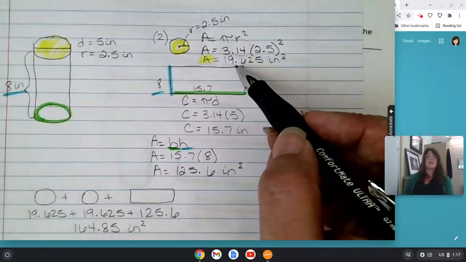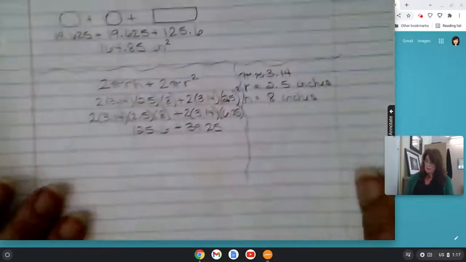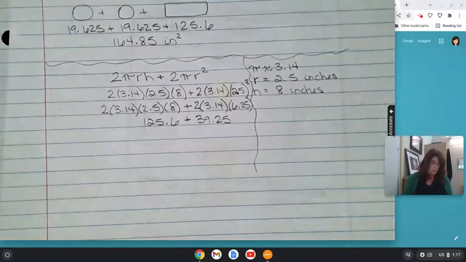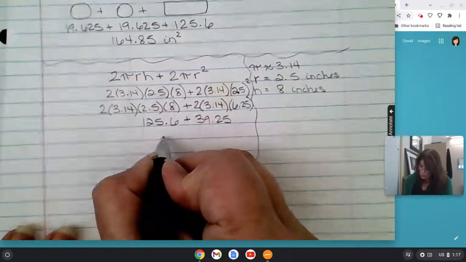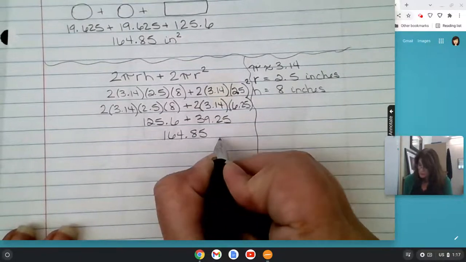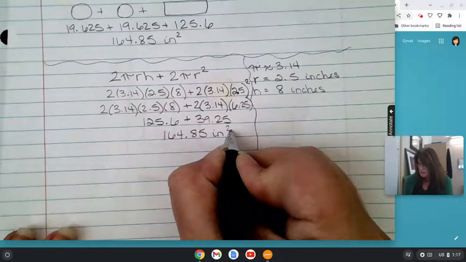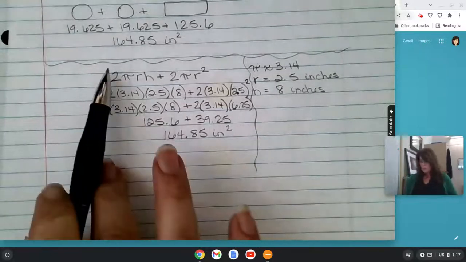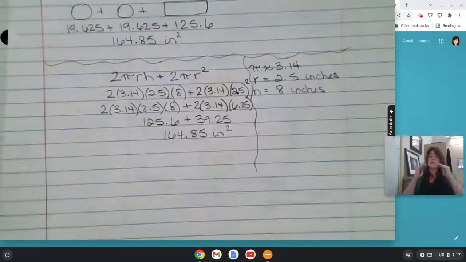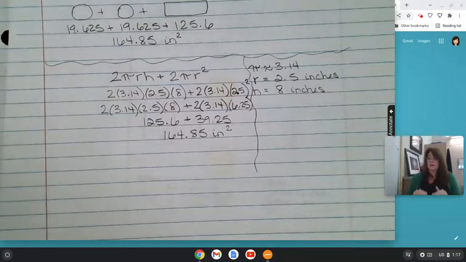Each base was 19.625. Together, oh. Now, order of operations, we can add. 164.85 square inches.